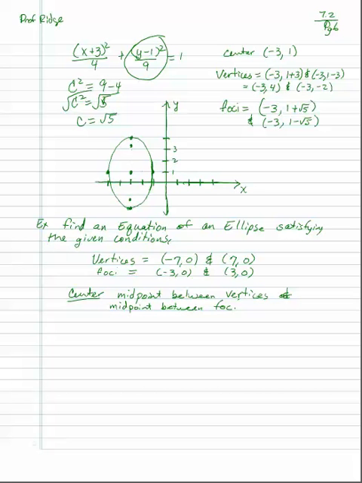So the center is going to be equal to -7 plus 7 over 2, and 0 plus 0 over 2, which is 0, 0. Okay, so that makes it easy. So we know the standard form is going to be this.